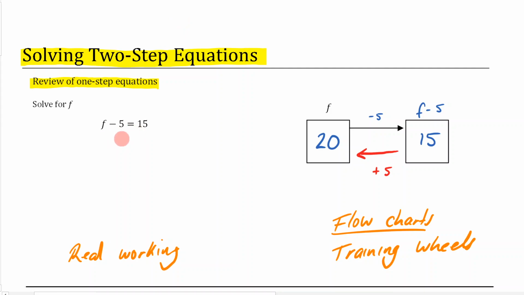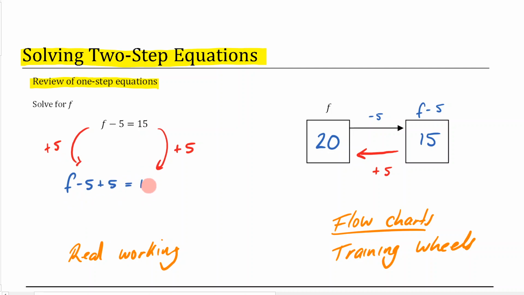Okay, so we come over here. We want to get f by itself. So I want to get rid of this minus 5. To get rid of the minus 5, I'm going to do the opposite of minusing 5, which is plus 5. So I'm going to plus 5 to both things. Notice that's what I'm doing over here. So if we were to write it out in full, I've got f minus 5, and then I'm going to plus 5 to it.